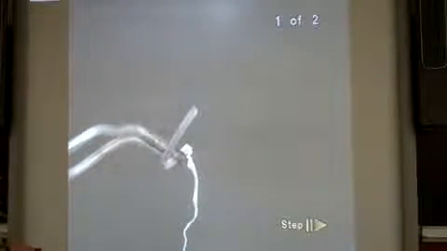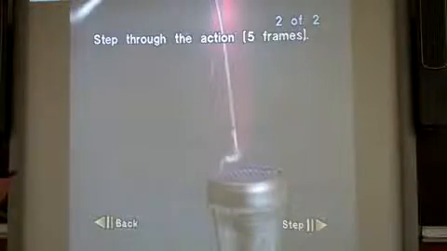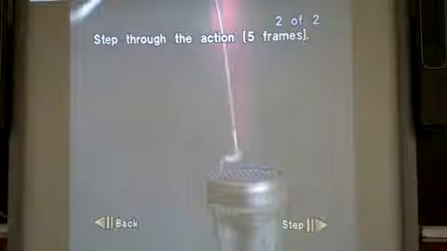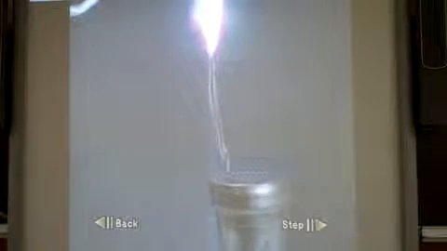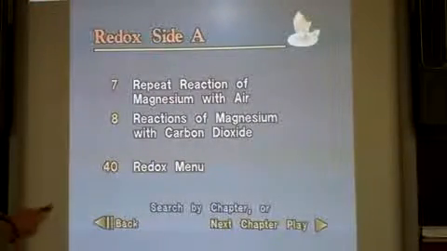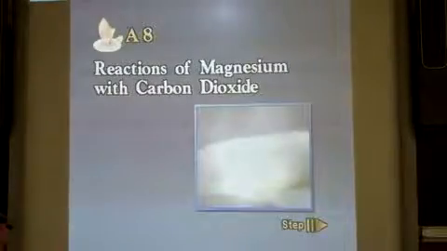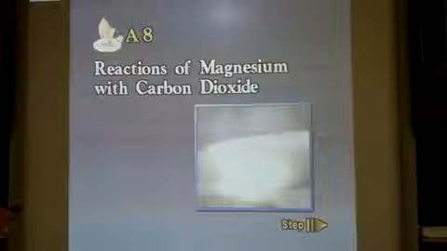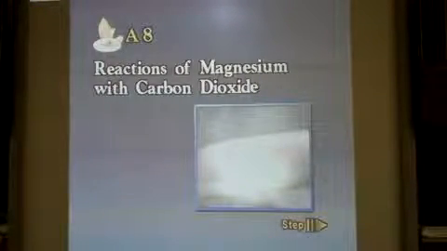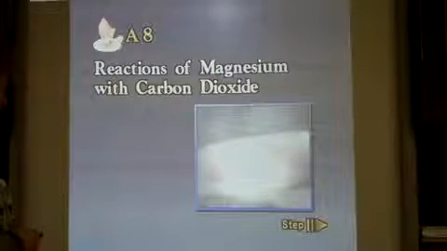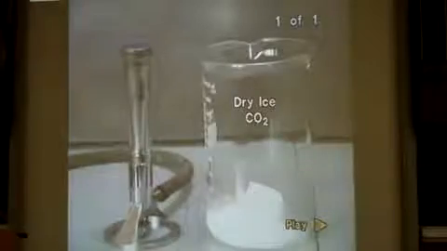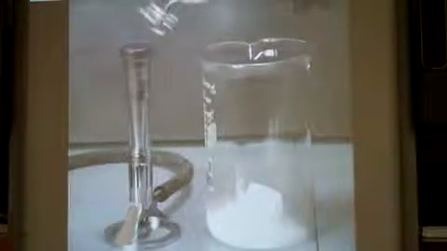Fireworks. All of a sudden the white in fireworks, we understand it comes from our magnesium. Okay, now magnesium with carbon dioxide. That's what we'd like to see. Make a carbon dioxide chunk here. Here's the dry ice. Ignite that magnesium and plunge it in.